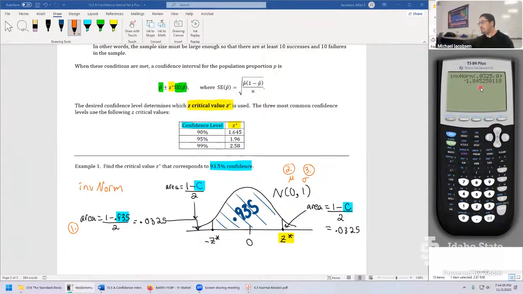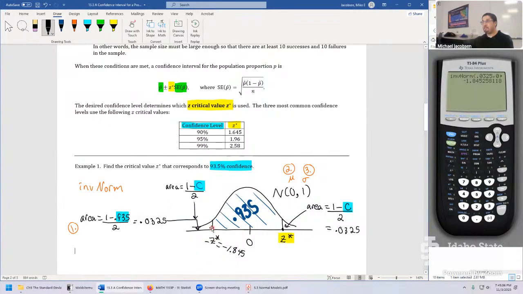Let's round this one to 3 decimal places, since that's what most of the table is doing. But notice the table's getting positive values. The reason I got the negative value is I used the left tail area. If I could use the right tail area, it would have come out as positive. So this one, as a negative value, is negative 1.845.